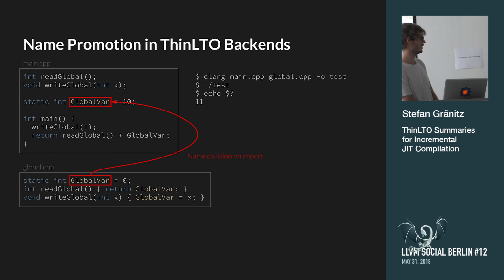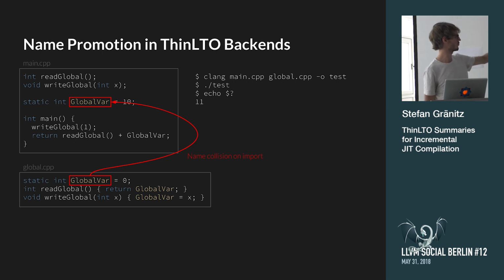If the functions have a static scope, it should work actually with the global variable of the global module, no? What happens here is, in the main function, we first write the number 1 to the global variable down here. Afterwards we read this global variable, which is now 1. It returns 1, and we add our own global variable. Exactly, and this should return 11.